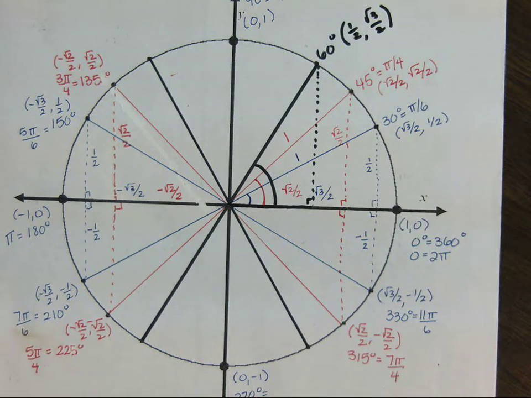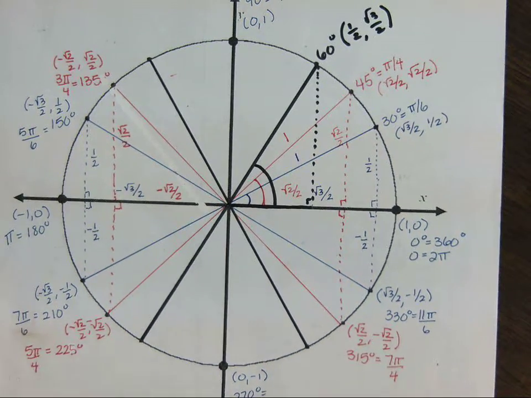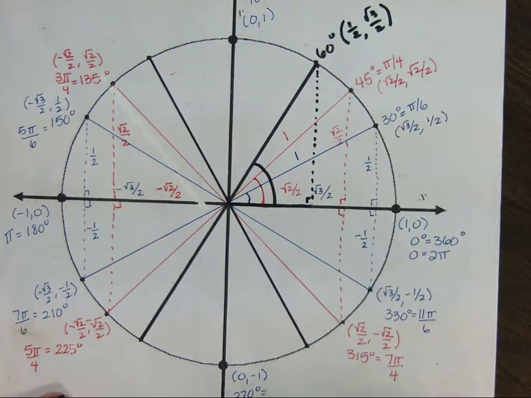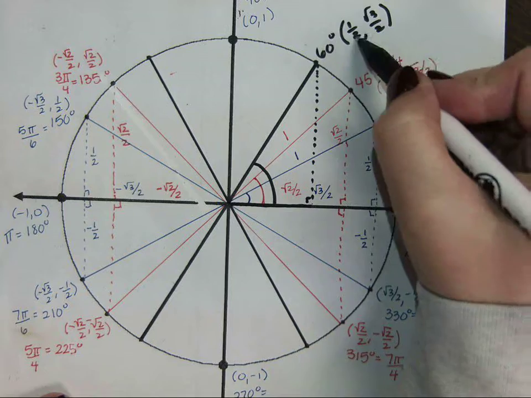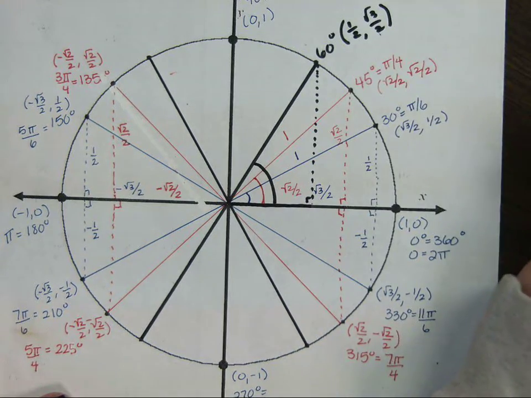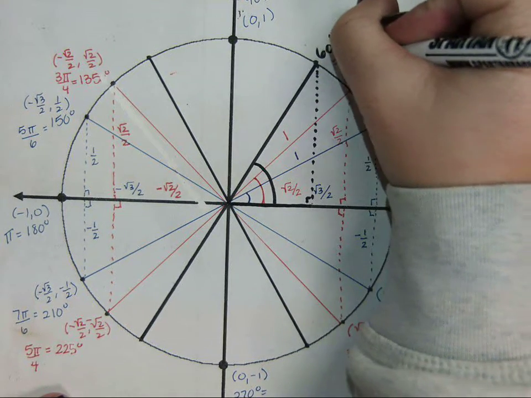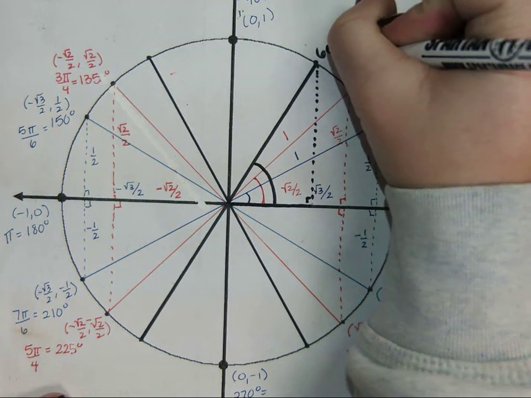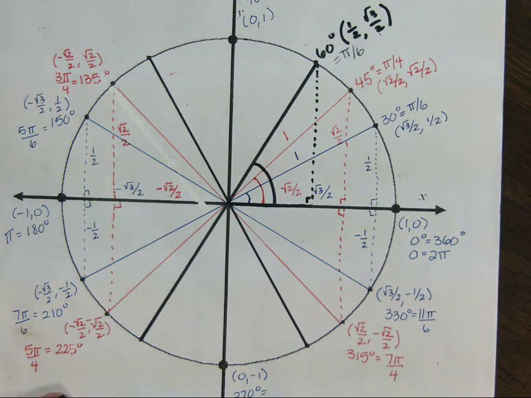And that's kind of hard to see, so I'm going to change my pen. Still use black, but I'm going to change my pen. That's a little tough to read. So that's the 1/2, root 3 over 2 coordinate. And this is also a pi over 3 increment. Right?